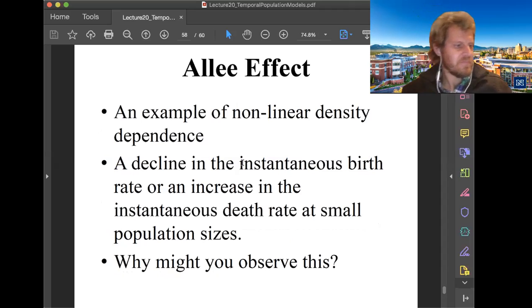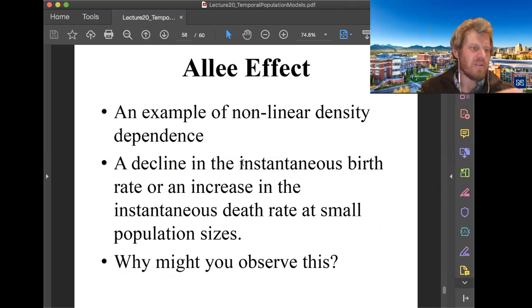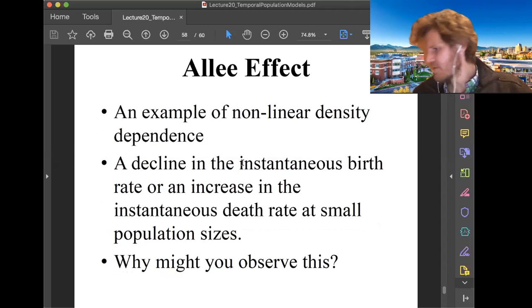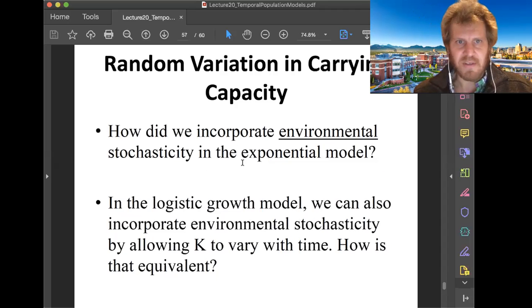All right. So let's think about incorporating these models into a statistical model.